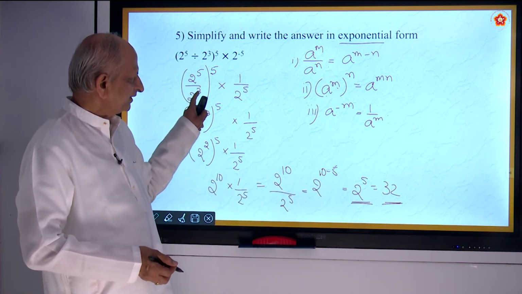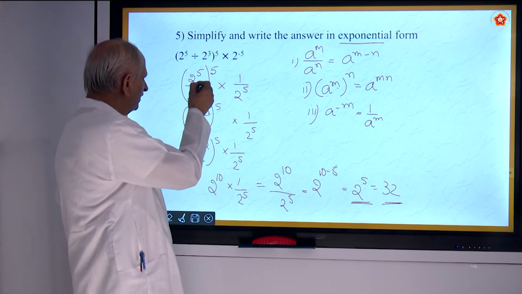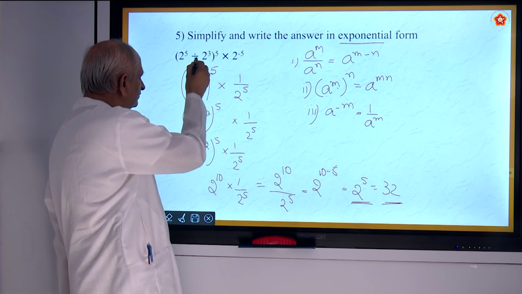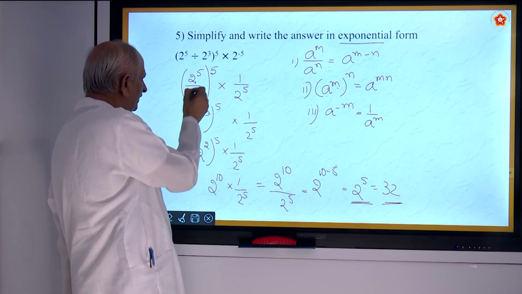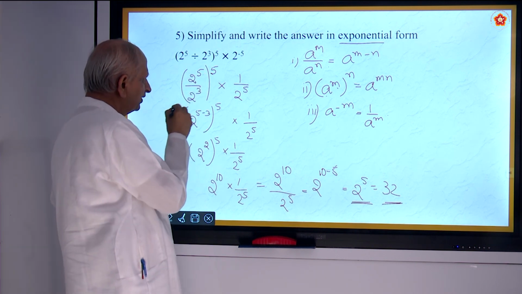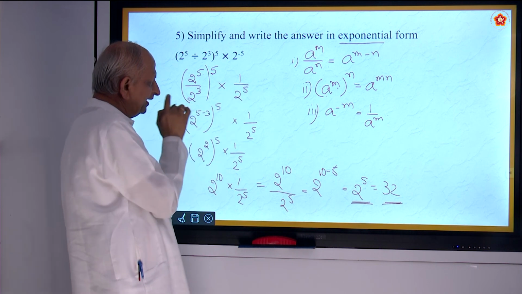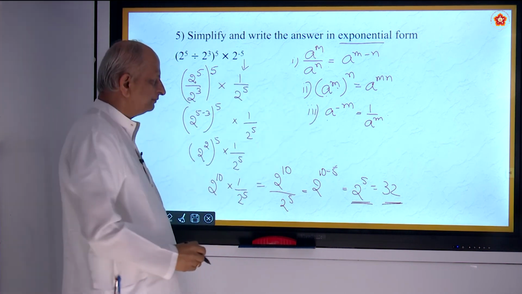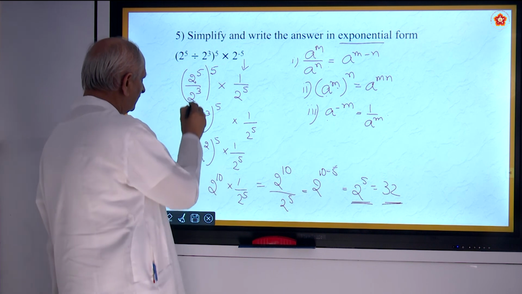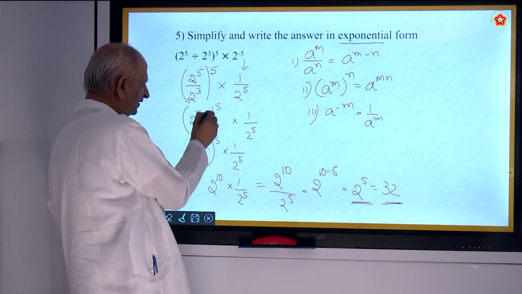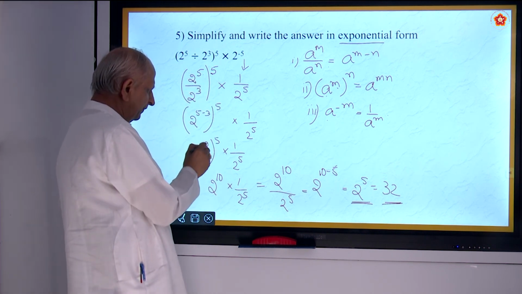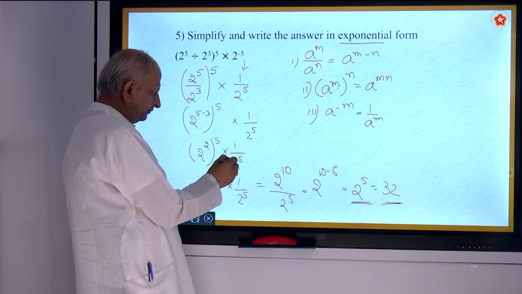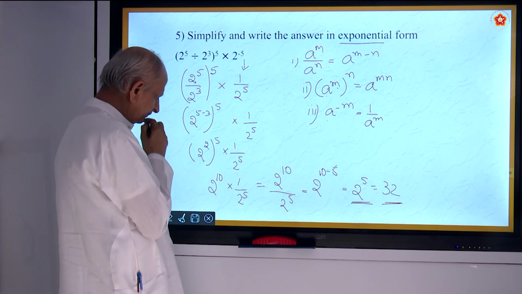So now, what have you done first? This 2 to the power of 5 by 2 to the power of 3 we did, and the other remains as it is. This is the third law, this we have taken, and here m minus n, 5 minus 3 to the power of 5. 5 minus 3 is 2 to the power of 5, 1 by 2 to the power of 5.